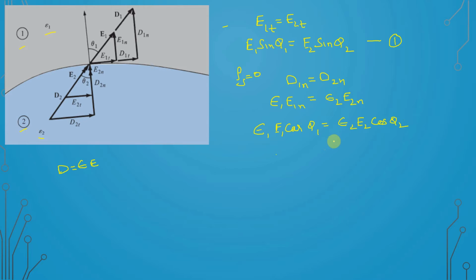So now let us assume this is equation 2. Divide equation 1 by 2.